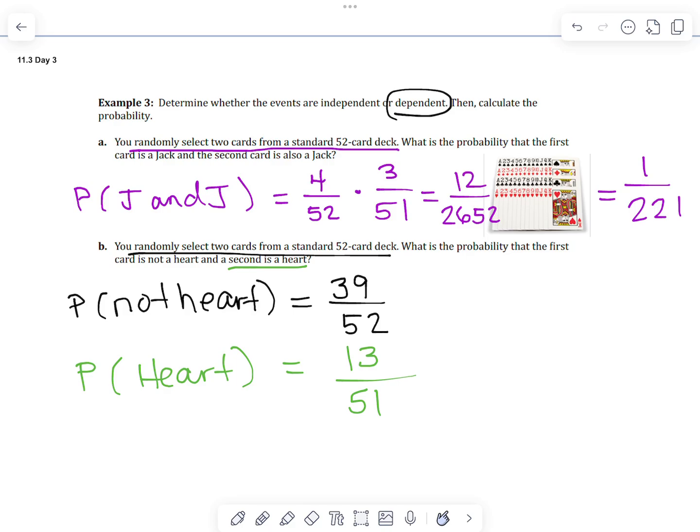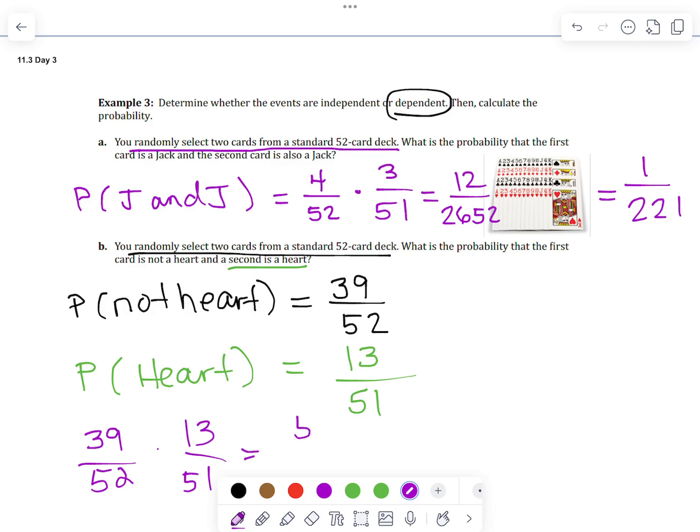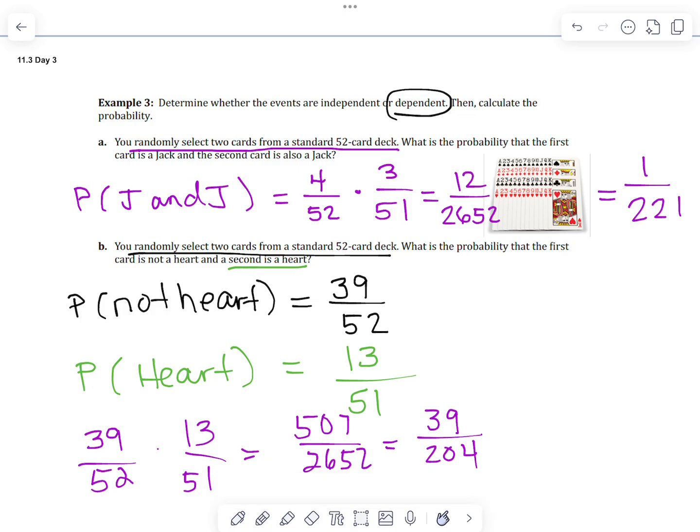So there's our 2 events. So now we're going to go ahead and just multiply those events together. We multiply across. And then reduce.